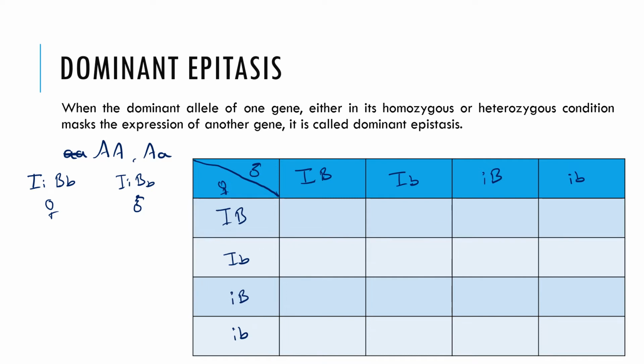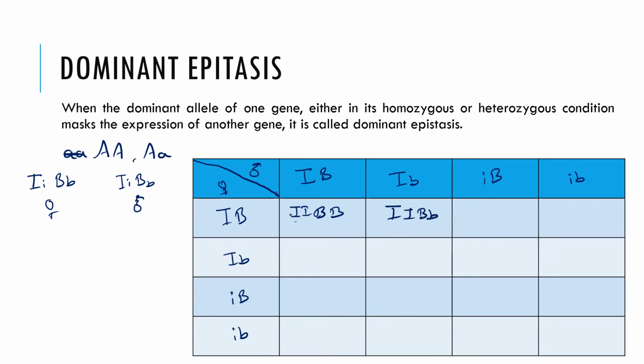So what will happen? This is an example. I'll give you an example in the case of dogs: white dogs mated with black and brown coated dogs. So what do we get? We'll get a genotype of capital I, capital B, capital B, capital I, capital B, small b.